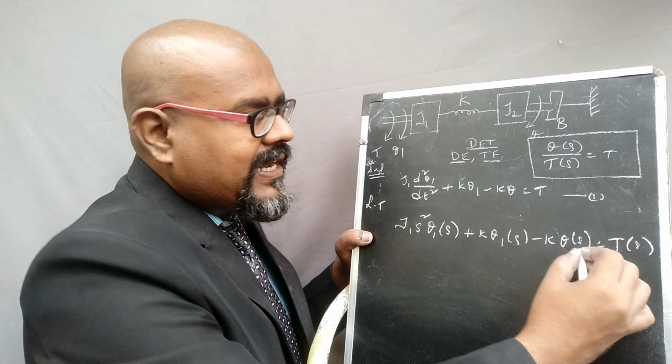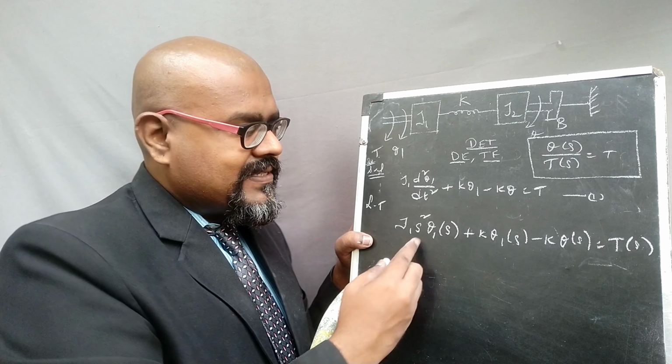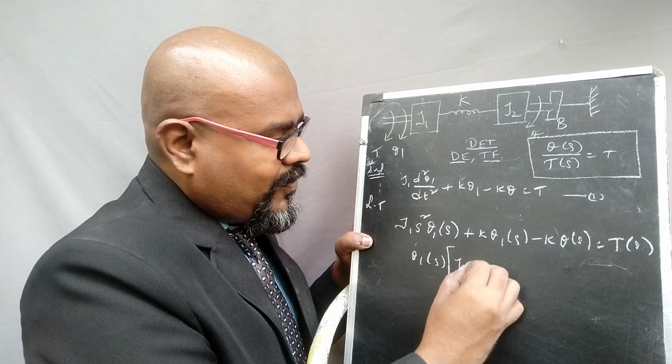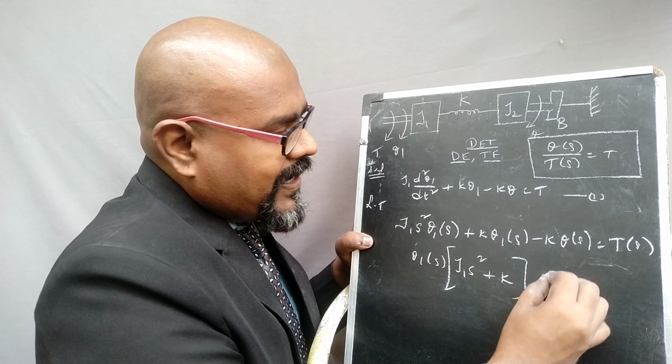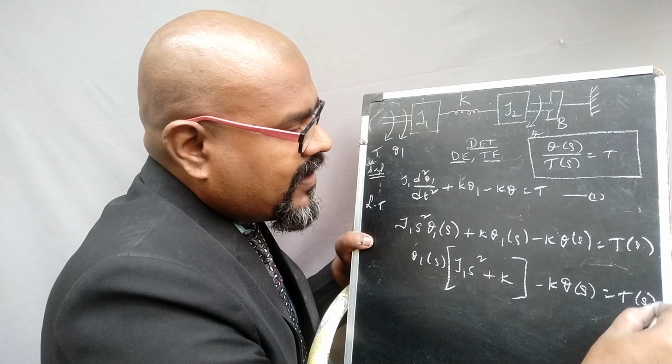Okay, so this is the transfer function we got. To simplify, taking θ1(s) common, (J1 s² + K)θ1(s) − Kθ(s) = T(s).